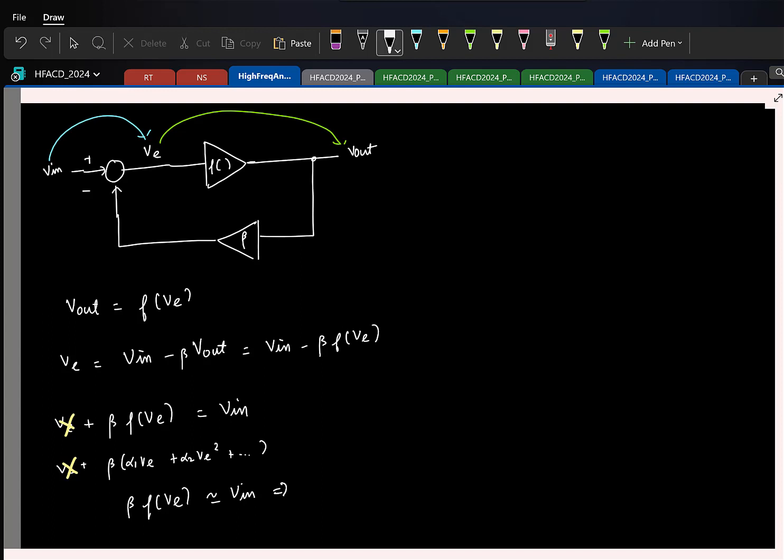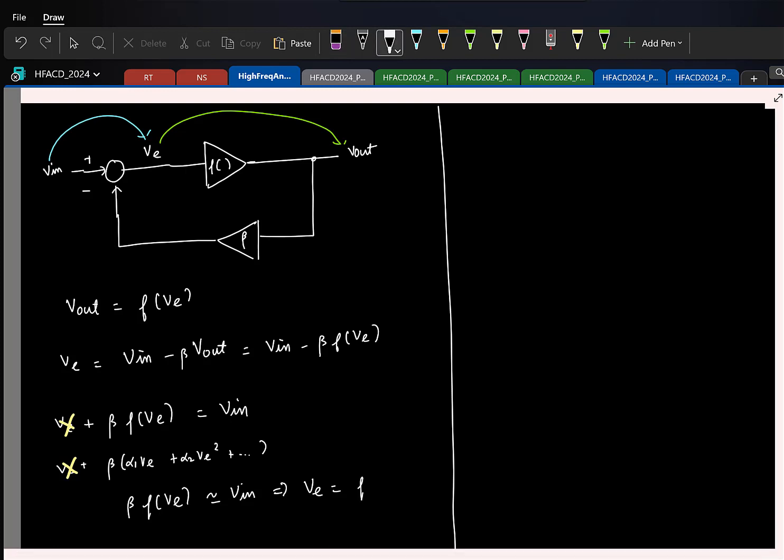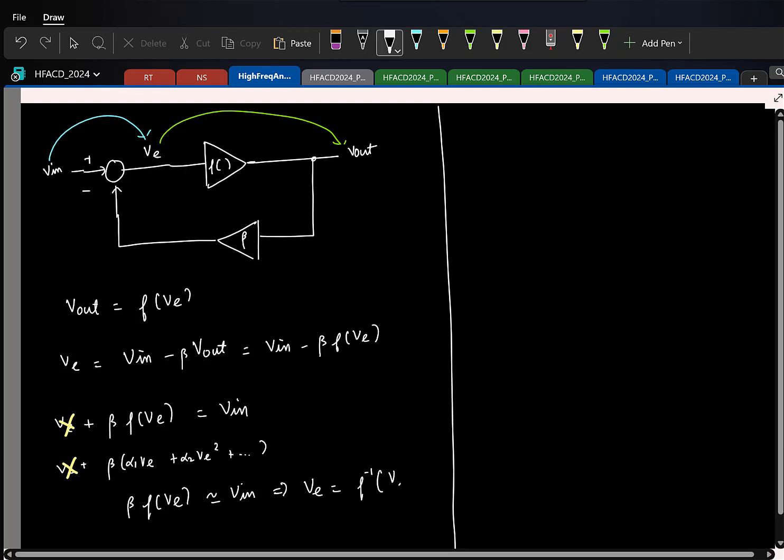So what is the relation between VE and V in? From here, can you tell what is VE? Yeah, 1 by beta times f inverse of V in, right? Strictly speaking, I think that is correct. F inverse of V in by beta.